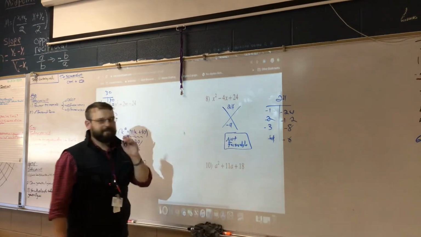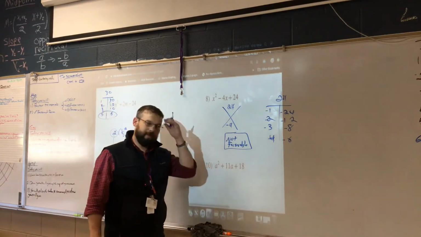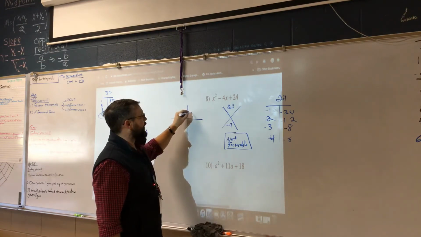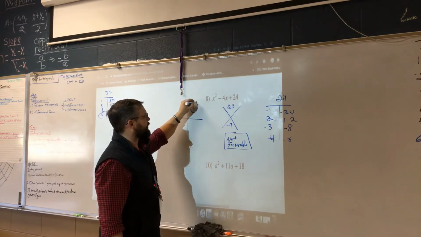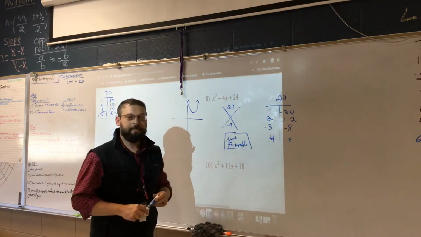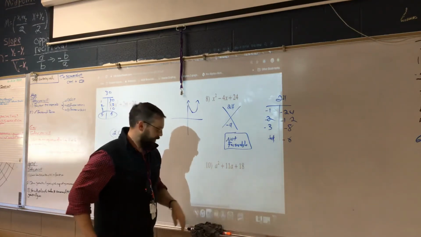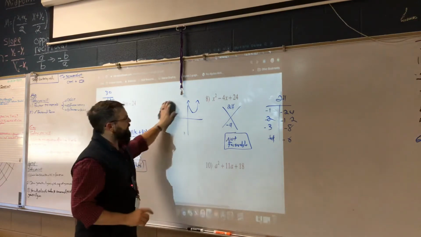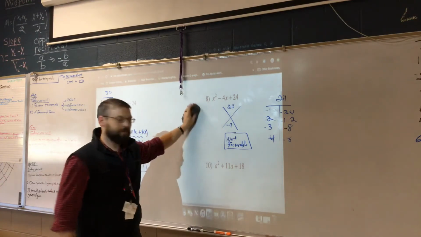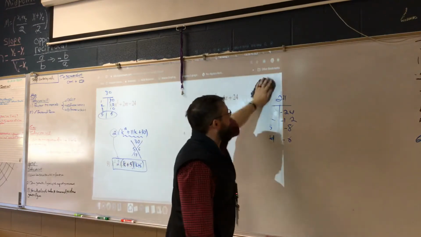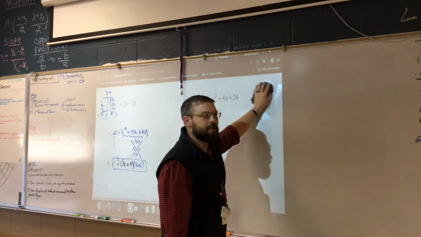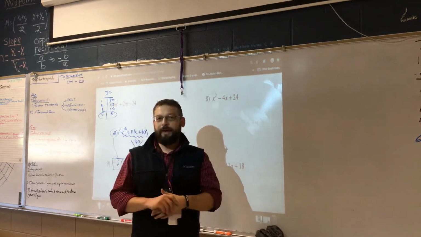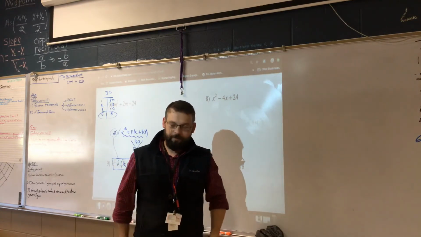To give you a little inkling, this thing is not touching the x-axis. It's kind of floating up there at the top. But that's another discussion for another time. Is it possible to run across some of those? Sure. And the further we go in our study of quadratics, we're going to see more stuff like that. We're going to have to know how to handle that, and I'm going to show that to you when we get there.